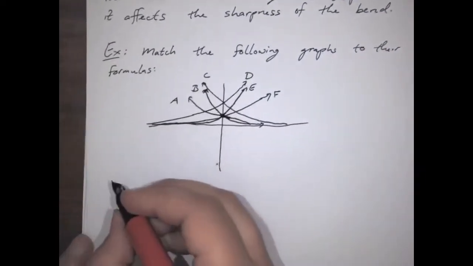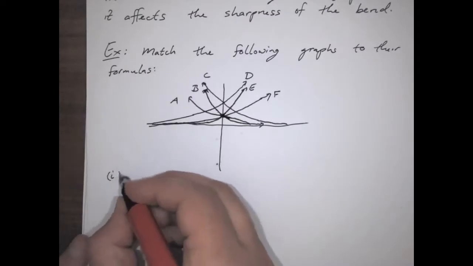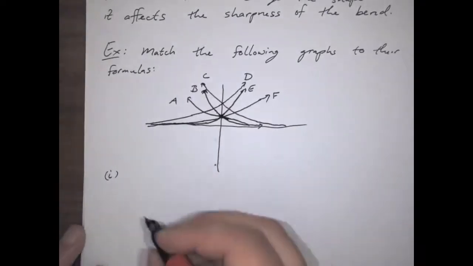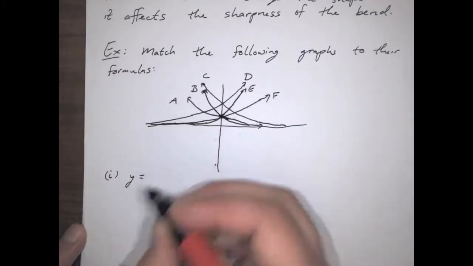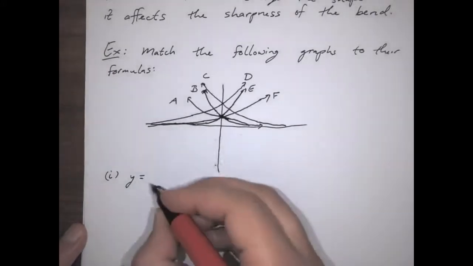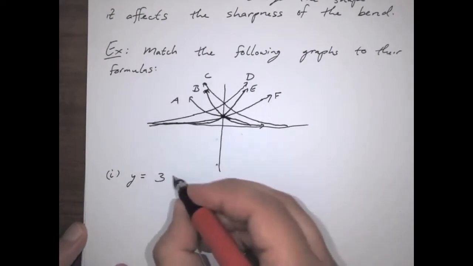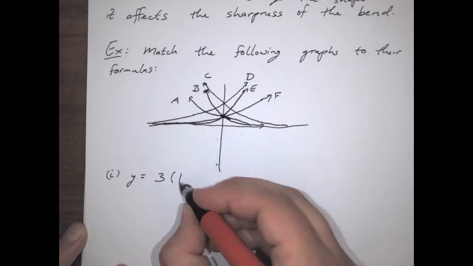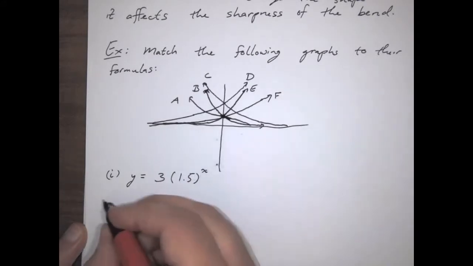And now we'll line them up with some functions. We'll call the functions here one. Let's just say y equals 3 times 1.5 to the x.